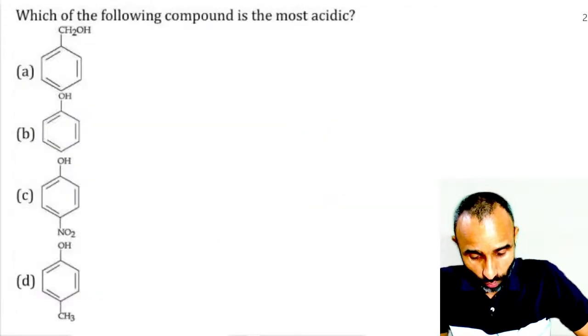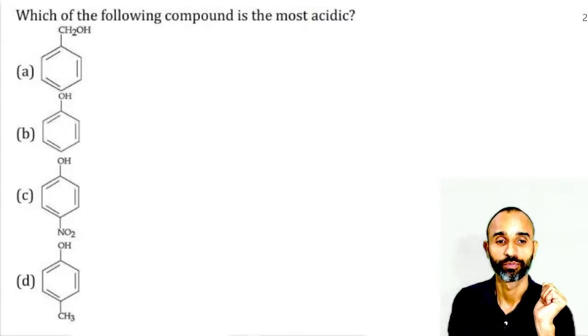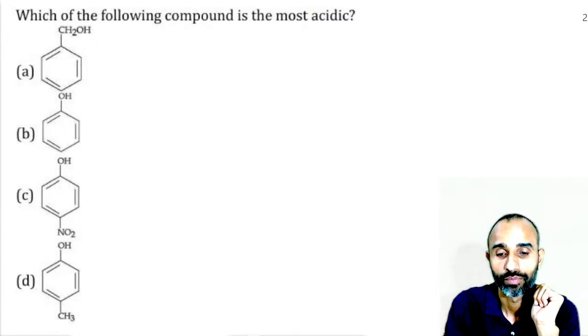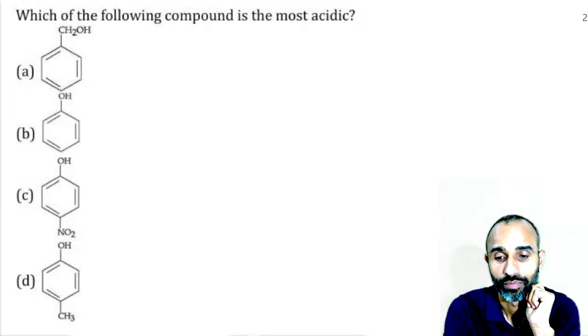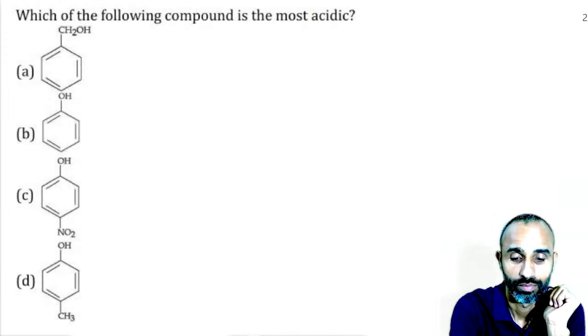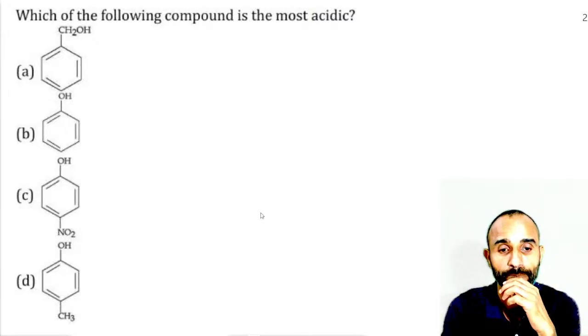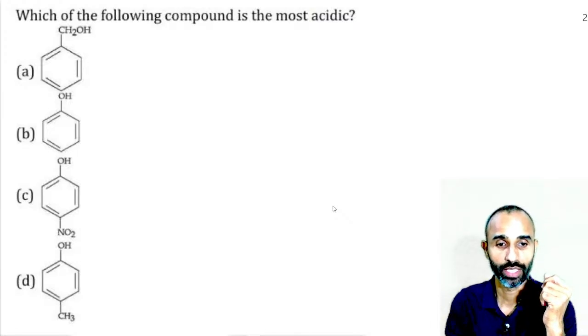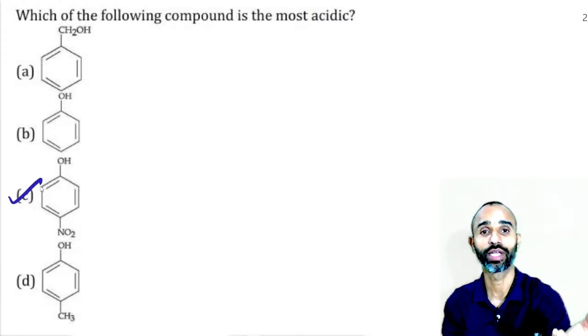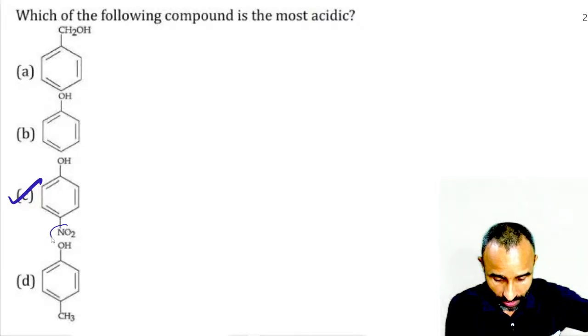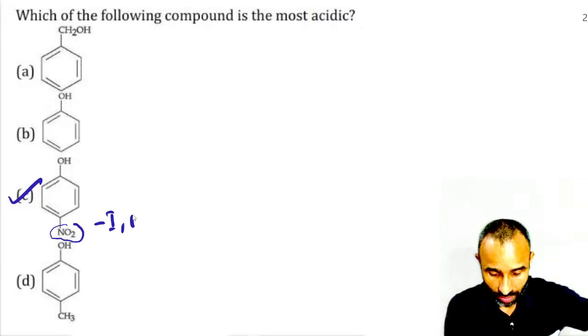Okay, which one is most acidic? Option C, sir. Yes, it is option C. It is very much clear because only in this case there is an electron withdrawing group.